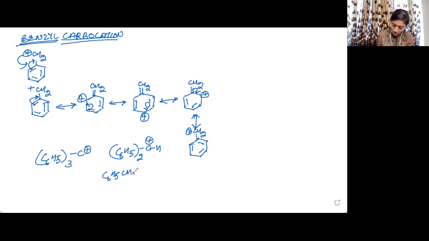Now you need to tell the order of stability of these 3. Here is a hint: the greater the number of resonating structures possible, the greater the stability. So just do it.